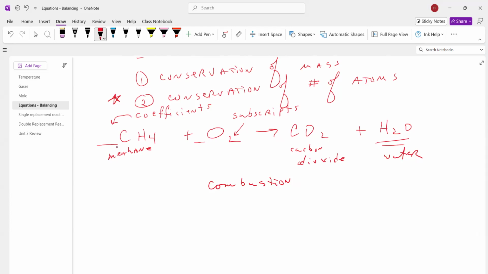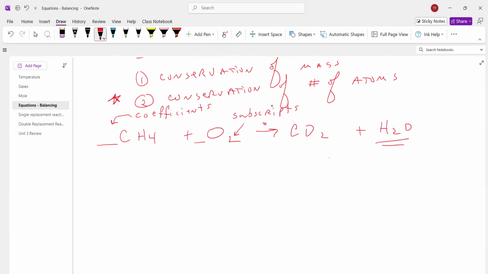Okay. All right, so number 2 here is conservation of number of atoms. So what we're going to do is an inventory of the atoms, on the left side of the arrow and on the right side of the arrow.